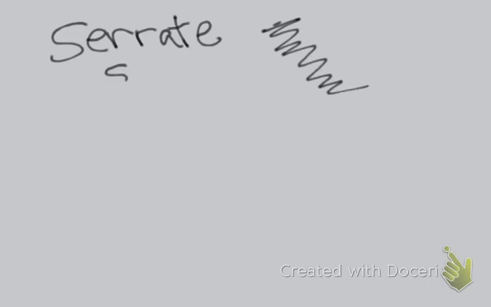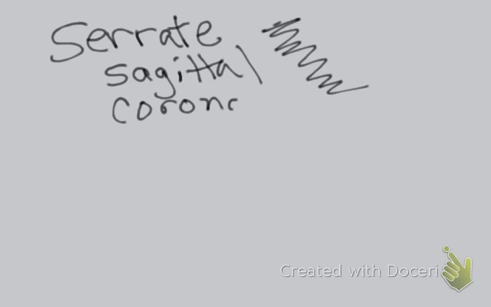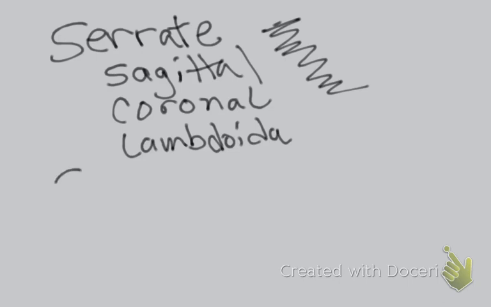So you remember from lab your sagittal suture, the coronal suture, and the lambdoidal suture are all like that. That increases the surface area of contact between the bones, makes it very strong. It's immovable.